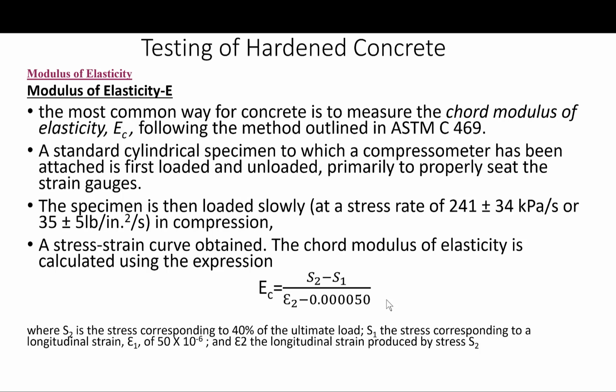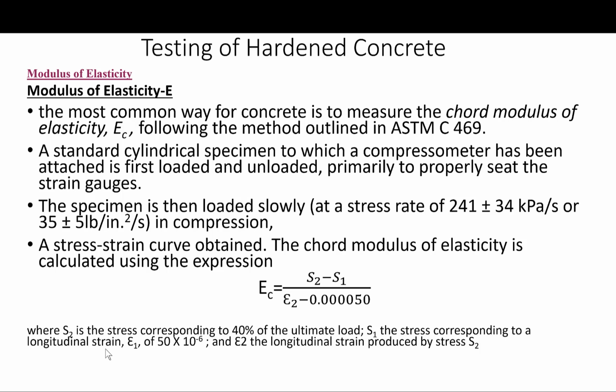The chord modulus of elasticity is calculated using this expression right here. Basically, it's the chord modulus equals S2 minus S1 over epsilon 2 minus 50 times 10 to the minus 6. So what are these terms? S2 is the stress corresponding to 40% of the ultimate load.